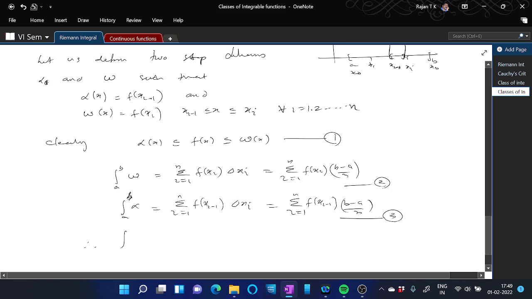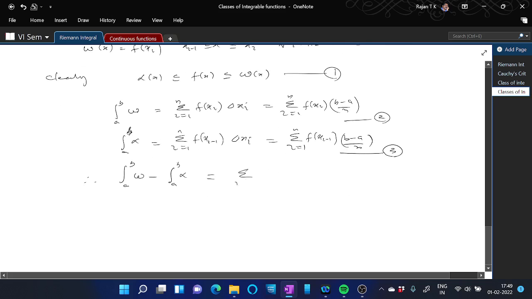Therefore, using 2 and 3, integral a to b of omega minus integral a to b of alpha is equal to sigma i equal to 1 to n of (f of x_i minus f of x_{i-1}) into (b minus a) divided by n, that is, integral a to b of omega minus alpha is equal to (b minus a) by n, you can take outside, sigma i equal to 1 to n of (f of x_i minus f of x_{i-1}).